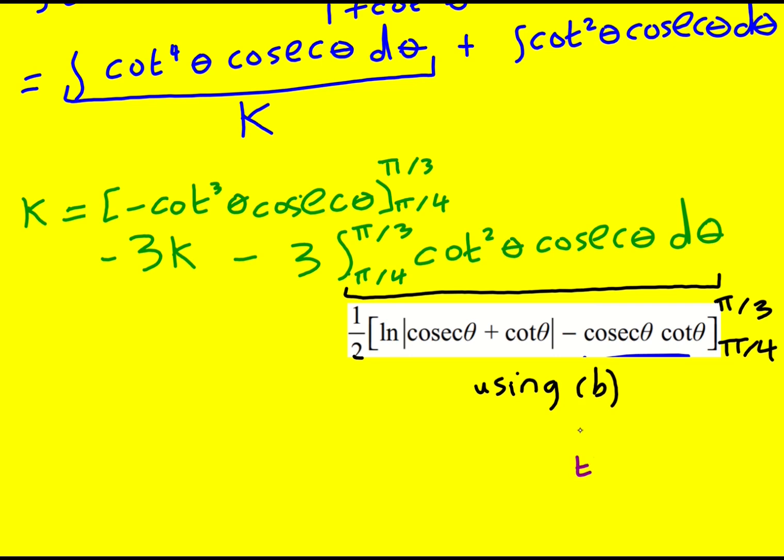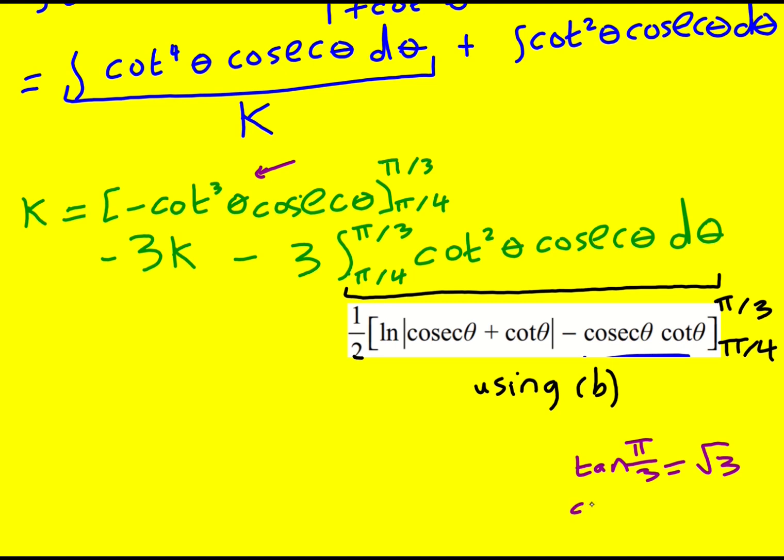So before I launch into this and try and figure out what it is, I've got this one to deal with, like cot to the power of 3 theta evaluated at theta equals pi over 3. So let's just write down tan of pi over 3. That's the same as tan 60. It's actually going to be root 3.